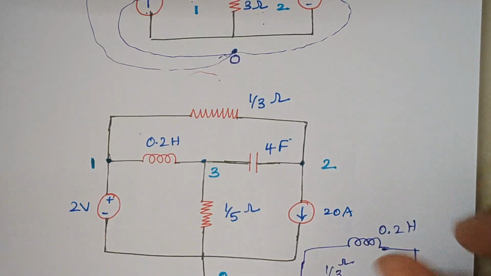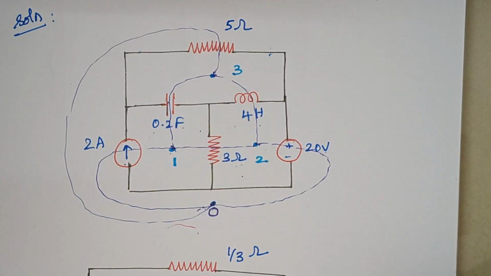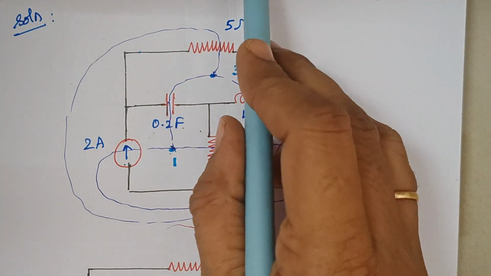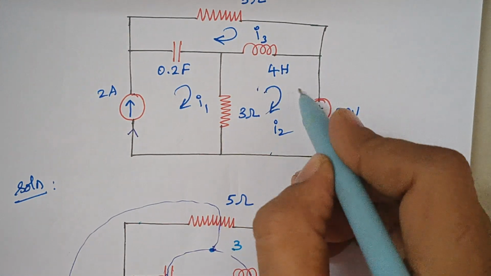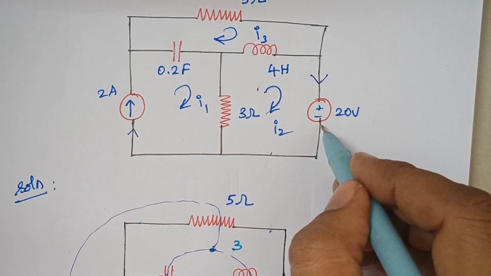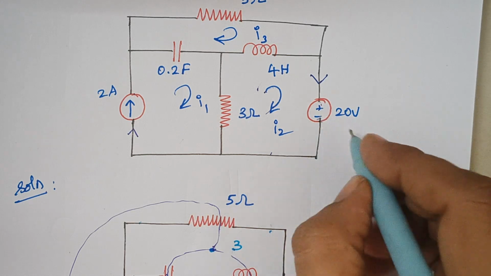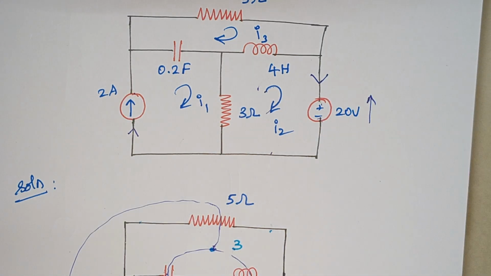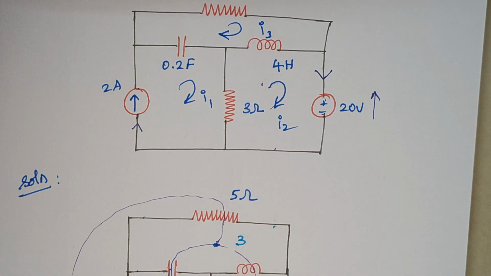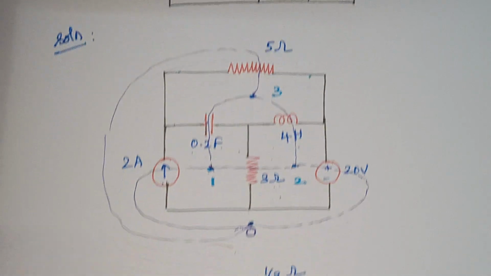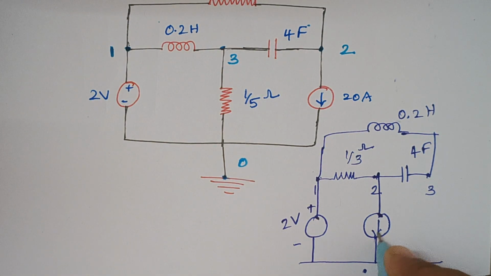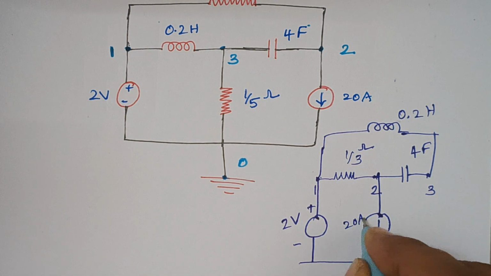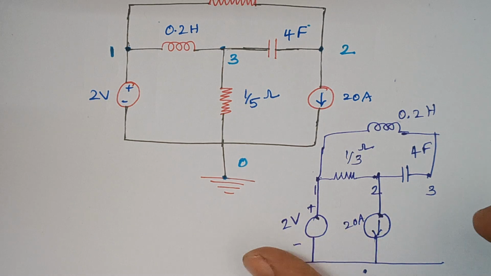Again when you look at this diagram, the loop current flows downwards, whereas here the current flows from minus to plus, upwards, right? So they are opposite to each other. Therefore the direction of the current will be downwards, whose value is 20 amps, right?